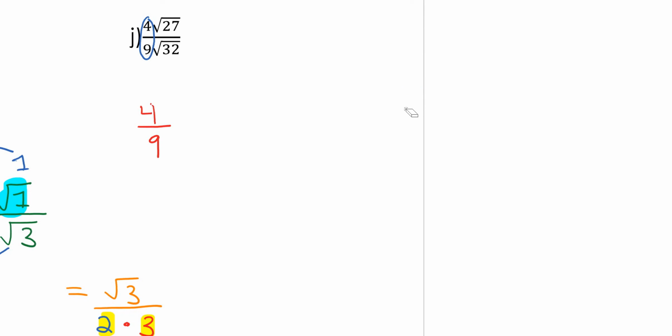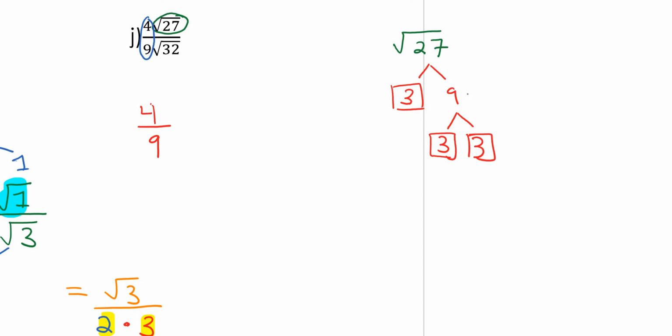So what I'll do on the side here is I'll focus on the numerator here in green. So I have a root 27, and what we're going to do is we're going to break this down using a tree diagram. So two numbers that multiply to 27 are 3 and 9. 3 is a prime, and then I can break down the 9 into 3 and 3. So the 3's are my primes, and I can get rid of this 9.